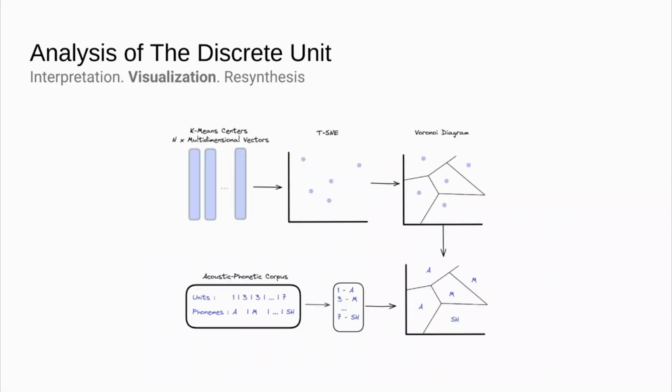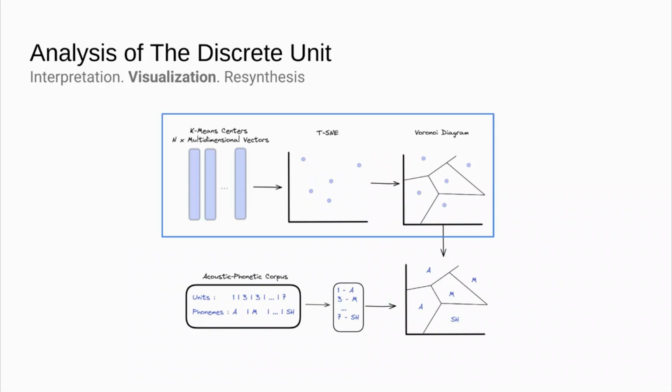Units visualization. A geometric structure is an additional point of view of the units' meaning. For this purpose, we create a 2D view that contains information about the relationship between the continuous representation, discrete units, and the phonemes. We first project the high-dimensional speech representation into 2D using t-SNE and use the Voronoi diagram to convert the scatter plot into an area plot, as seen in the top row.